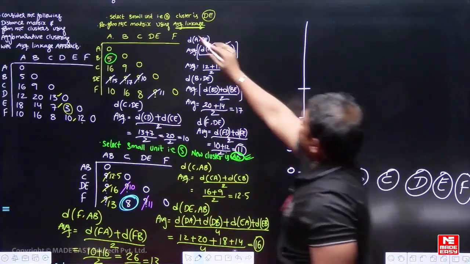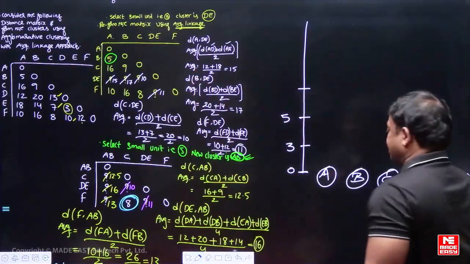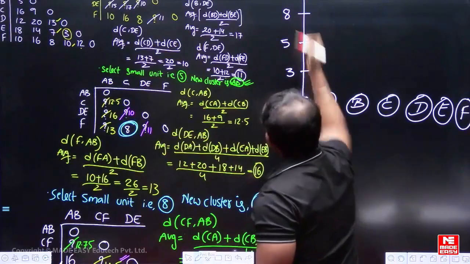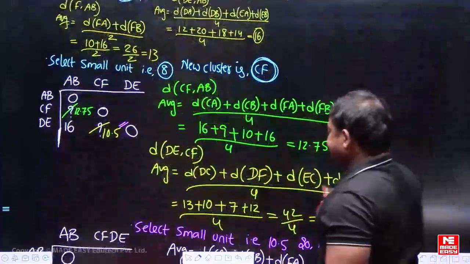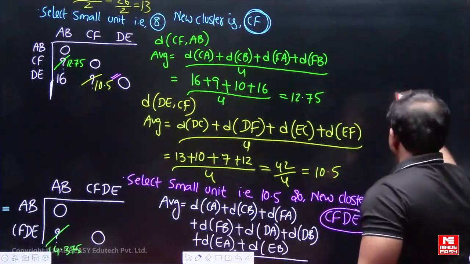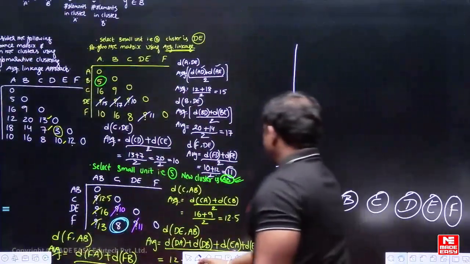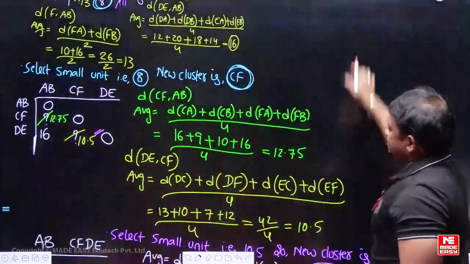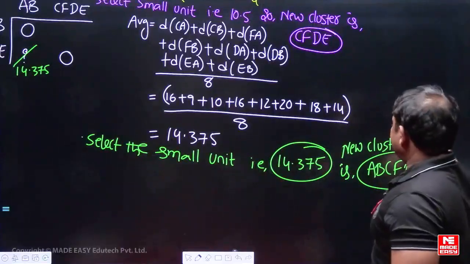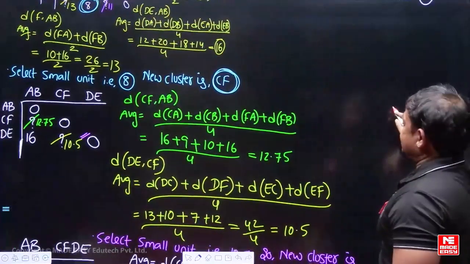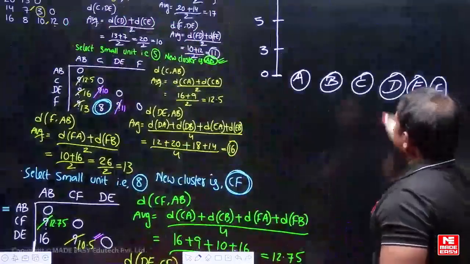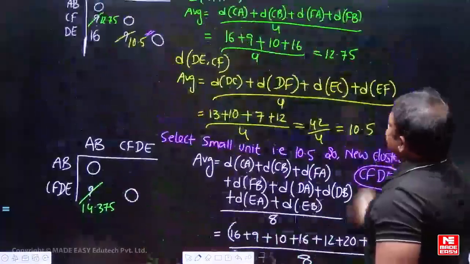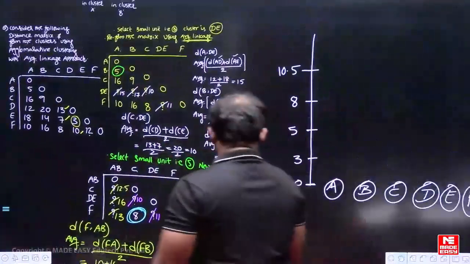At 3 a cluster is formed, at 5 a cluster is formed. After that at 8 a cluster is formed, here 8. Next at 10.5 a cluster is formed. And after that at 14.375, here also a cluster is formed.